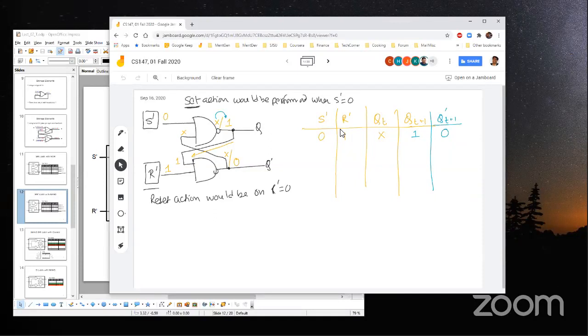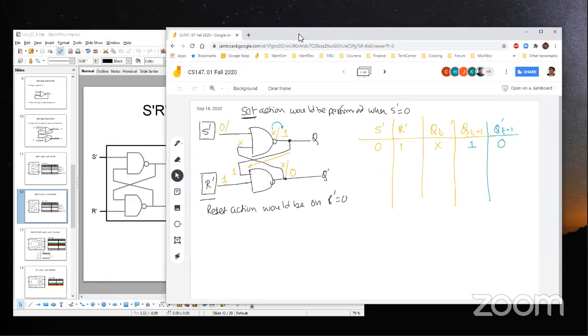Now from here, if you change the value to, let's say, hold condition, 1, 1. So what will happen if it is 1, 1?